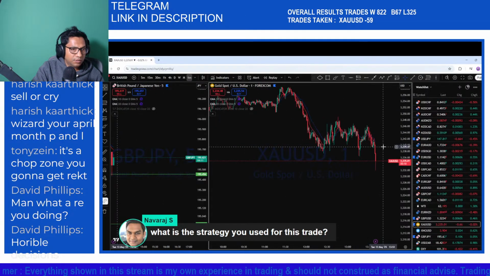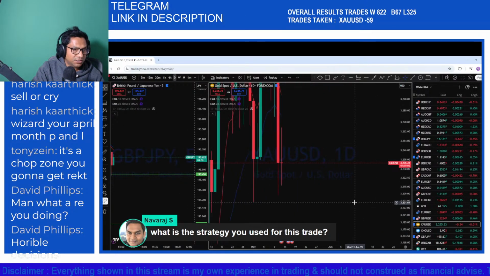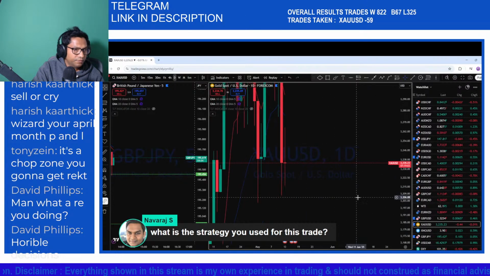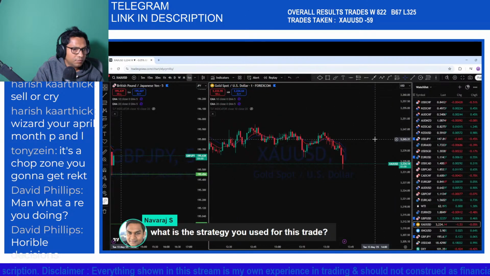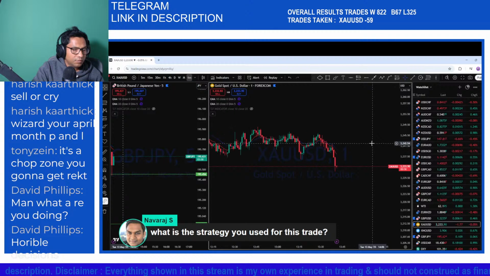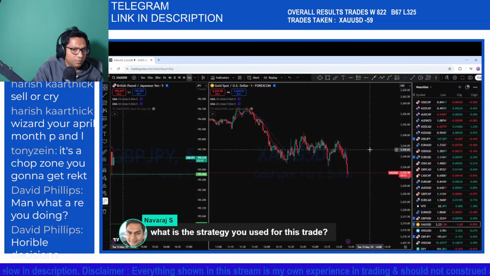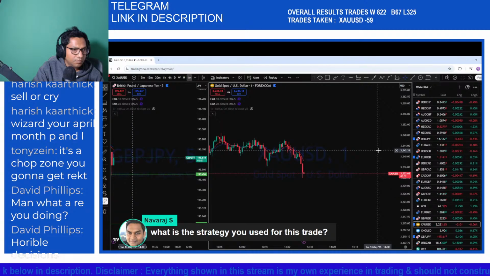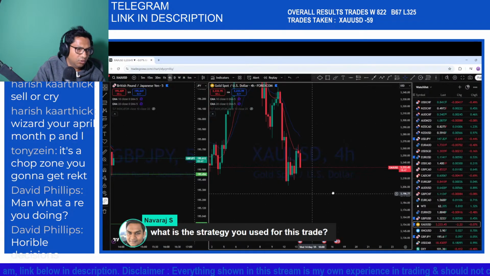Now on the daily price action, the price has just crossed the daily low. Let's wait for a peek up from the daily low.